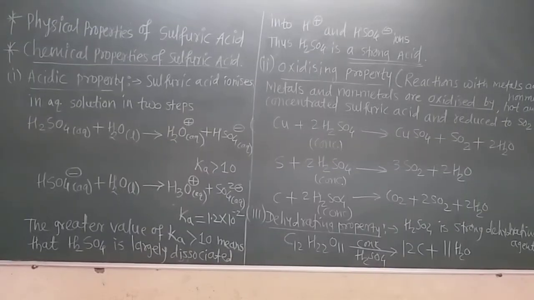Now let us learn the physical properties that may also be asked for 1 mark or 2 marks or in MCQ also. Now the physical properties of sulfuric acid. What are the physical properties? Now the first physical property is that sulfuric acid is colorless.